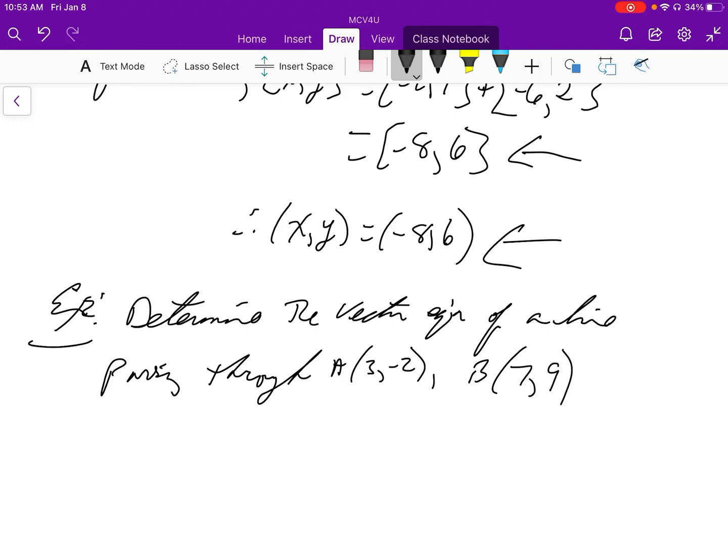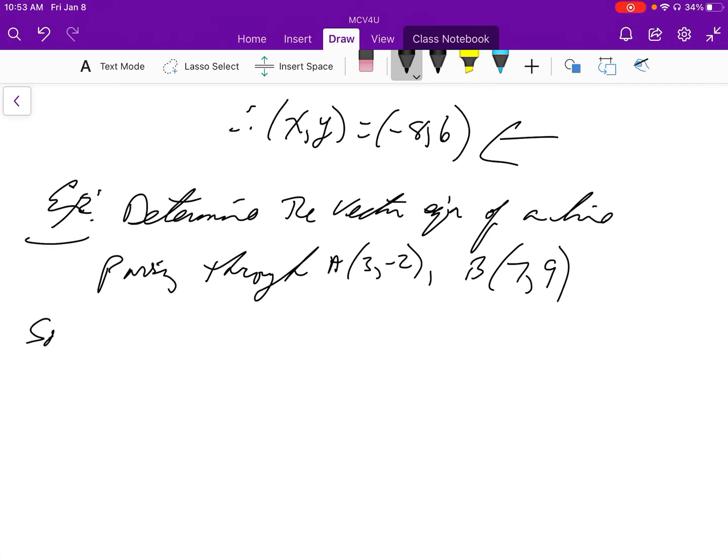Okay. Well, how do we do this without a direction vector? We come up with the direction vector, right? We have to come up with the direction vector. The direction vector could be either AB or it could be BA.